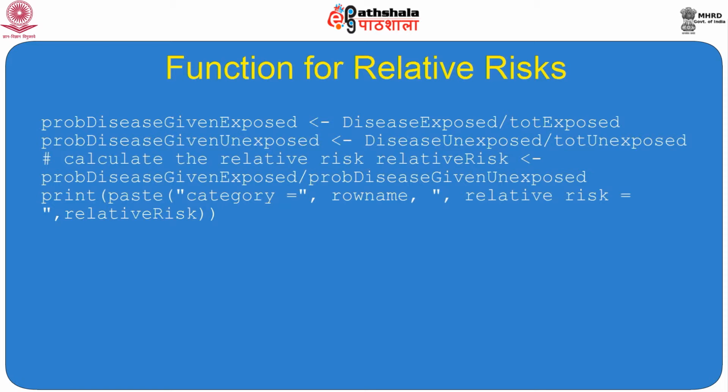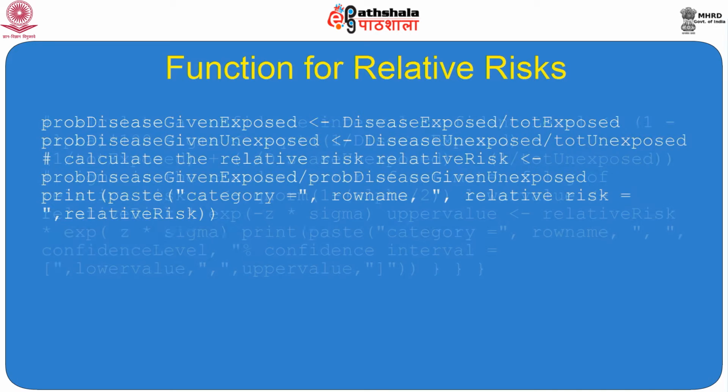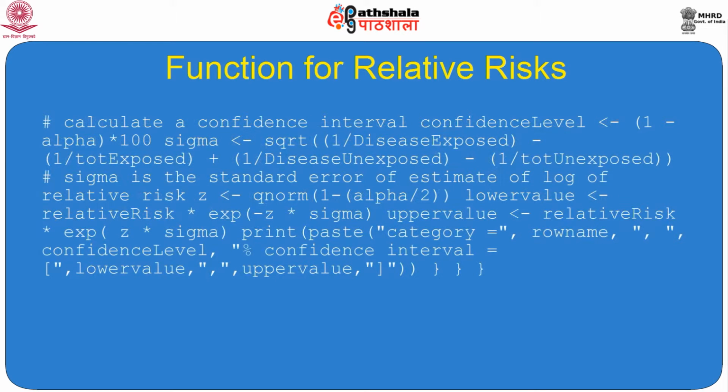To calculate the relative risks, the probability of disease given exposed divided by the probability of disease given unexposed is used to obtain the final relative risks. Now this whole calculation we call with print paste of category row name, relative risks. Now in addition to the point estimates of relative risks, another important thing is the confidence interval.